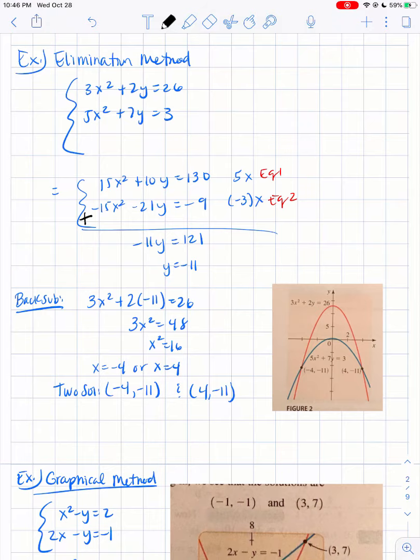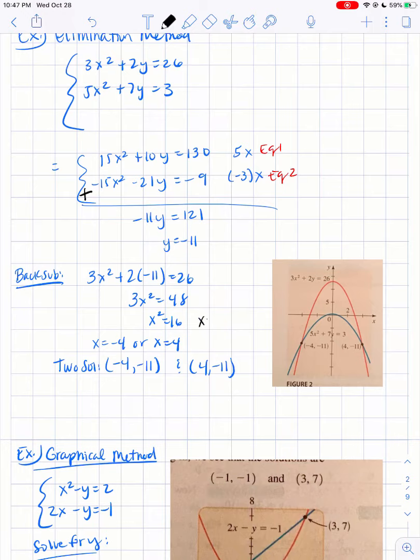So my y equals negative 11. I go ahead and back substitute. I have 3x squared plus 2 times negative 11 equals 26. I could plug the negative 11 into either equation, but I just chose the first one. I get 3x squared equals 48, so x squared equals 16. When I take the square root of that, I get x equals plus or minus the square root of 16, so x equals negative 4 or x equals 4.